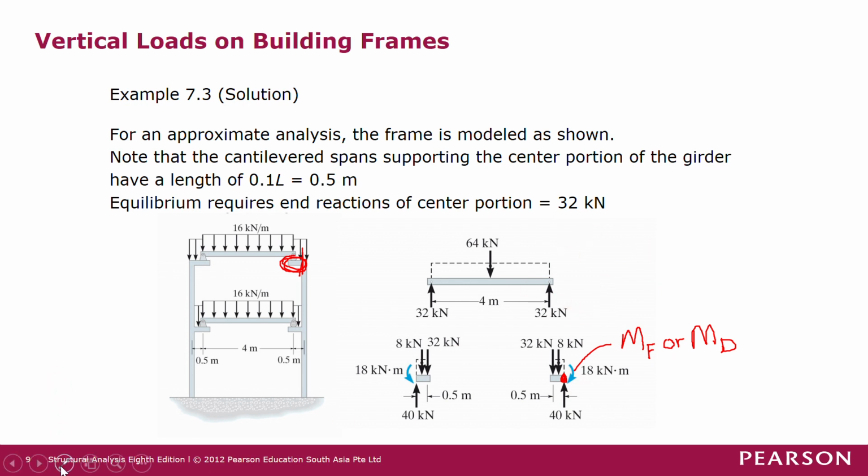Normally we assume anti-clockwise moment as positive for summing moment. So here we sum moment at joint F, and it should be equal to 0.